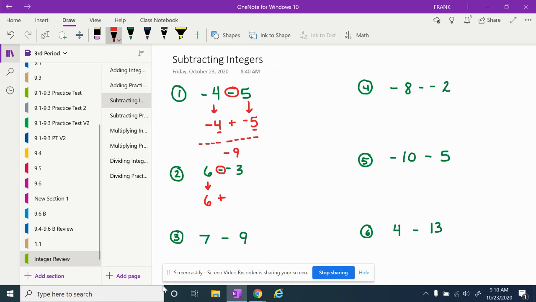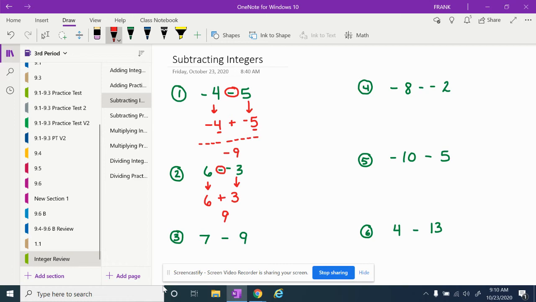And then by me changing the subtraction to addition, I must change the number behind the subtraction to its opposite. So the opposite of -3 is +3. So it may look ugly to begin, 6 minus -3, but when you clean it up and change it to an addition problem, it's the same thing as 6 plus 3, which is actually very easy. Your answer is 9.